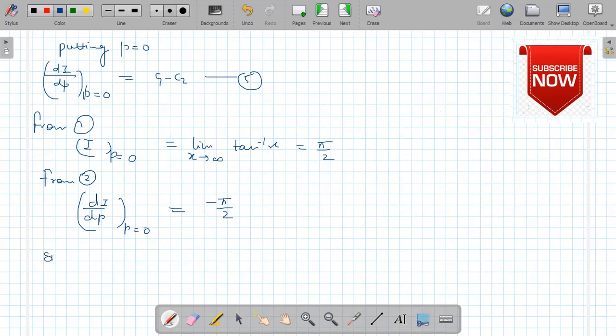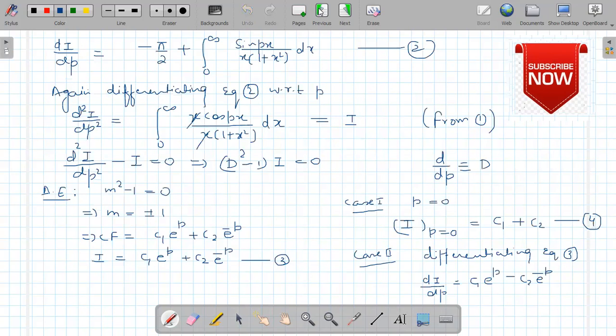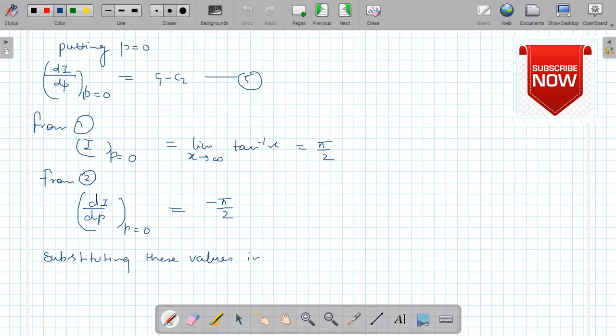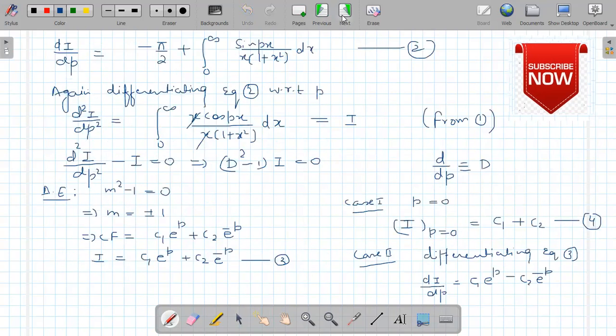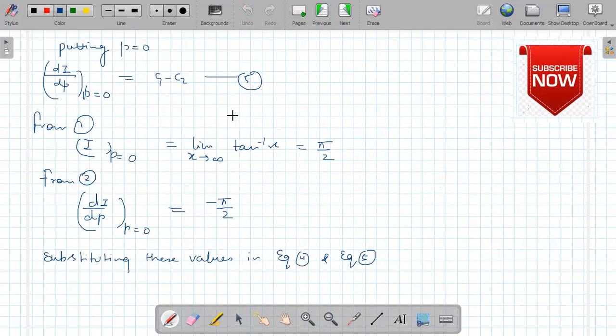So substituting these values in equation number 4 and 5, we have c1 plus c2 is equal to pi by 2, and c1 minus c2 is equal to minus pi by 2.